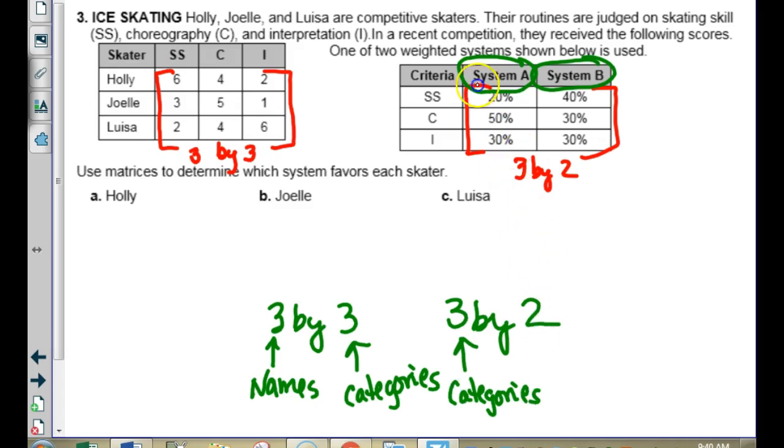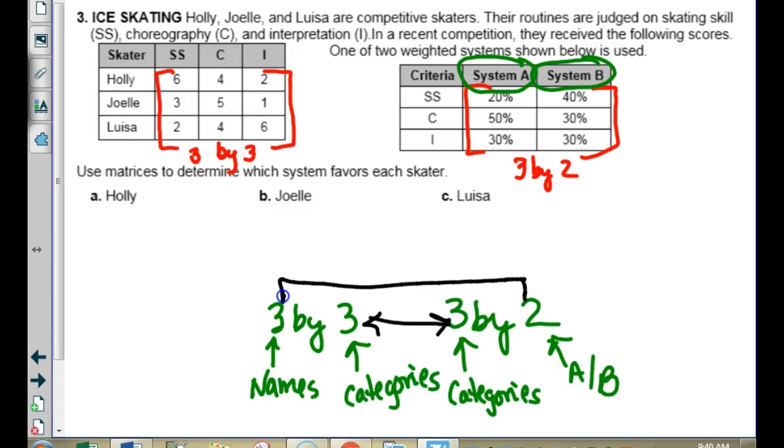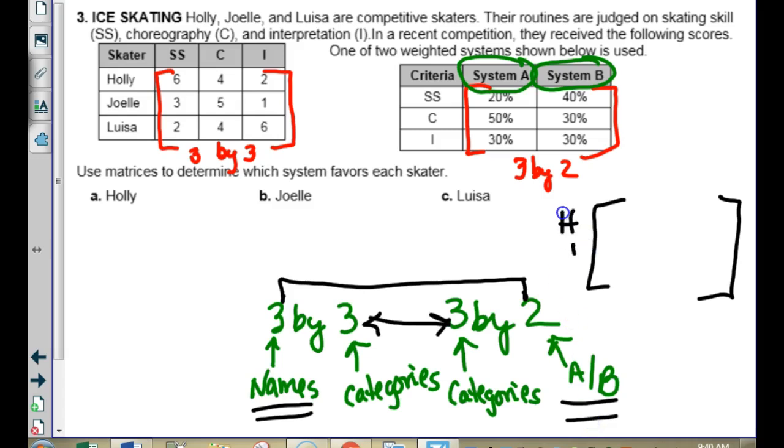And this 2 represents, yeah, whether we're going to use A or B. So if I multiply them together, which I can because these are equal, okay, what will I end up with? A 3 by 2 answer that will be their names by their scores on each system. So I'm going to have Holly, Joelle, and Louisa, and their score under system A and their score under system B. All right, type fast.